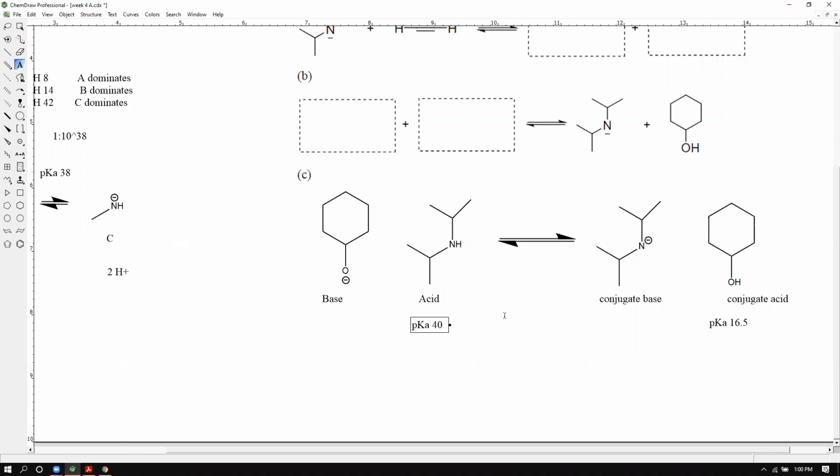Which way does the equilibrium go? Yep, to the left. The dominant species are going to be on the left. So this is an example of A and the ARIO. Both oxygen and nitrogen are relatively the same size, the oxygen being a little bit smaller due to the increased electrons.